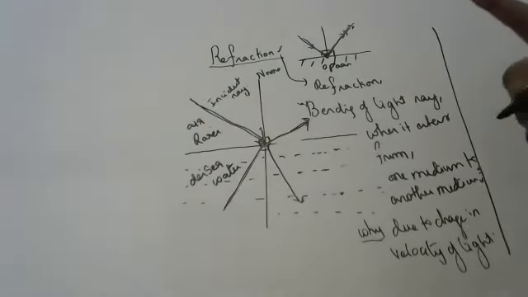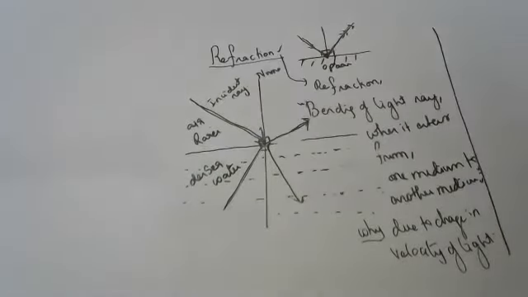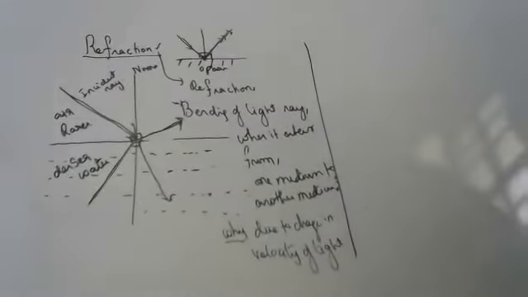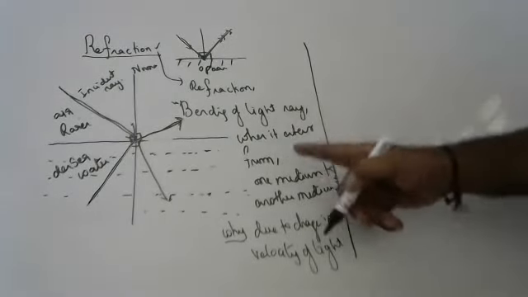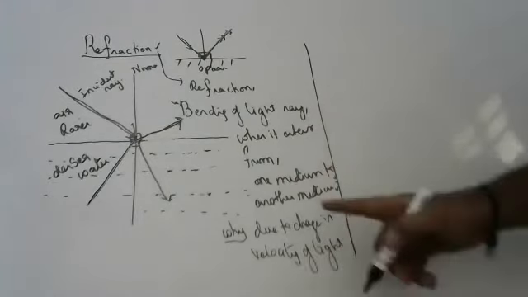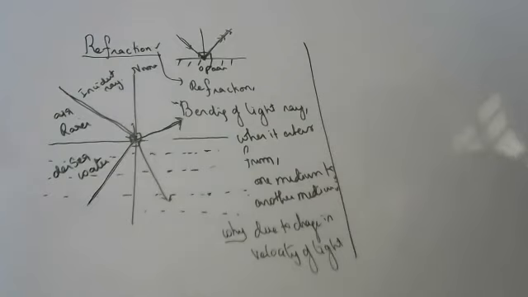Light ray moves fastest in air or vacuum. So bending of a light ray when it enters from one medium to another medium is called refraction.